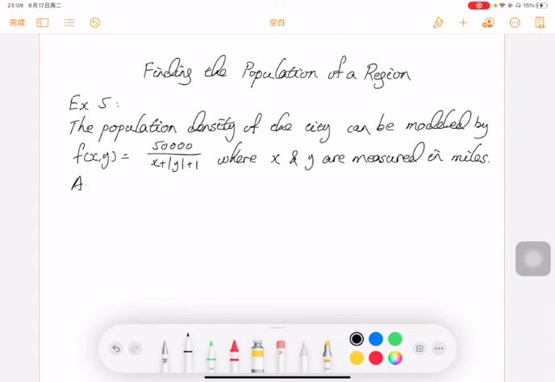And we want to approximate the city's population.